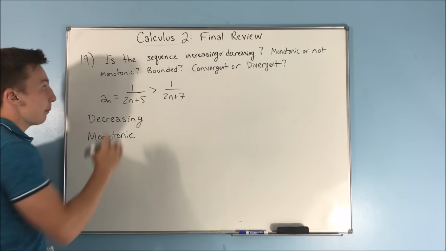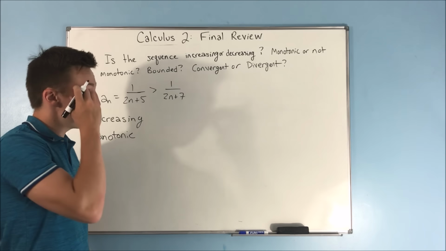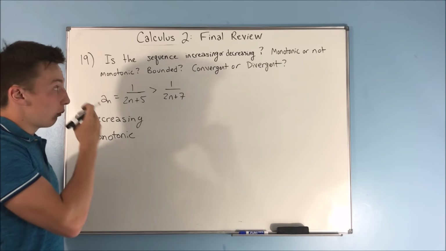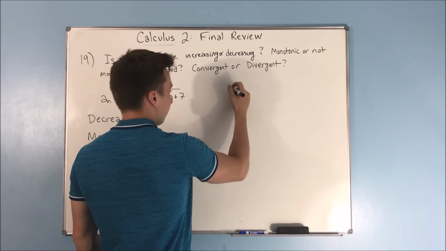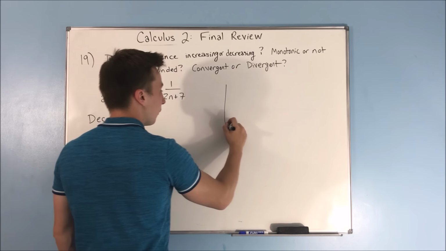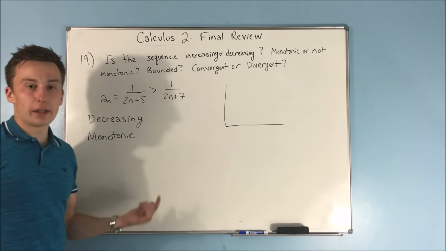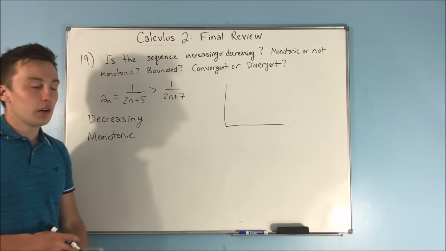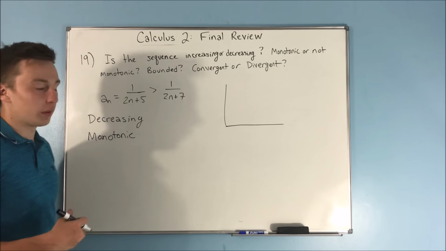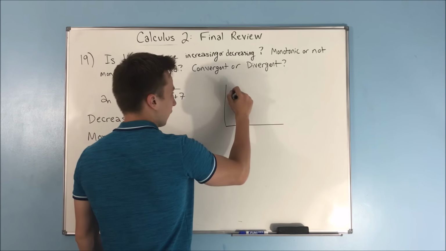Next we're asked, is it bounded? Okay, is the sequence bounded? Well, let's look at what this would look like. It's going to model something like 1 over n. You can basically say that. So what you'll have is something like this.